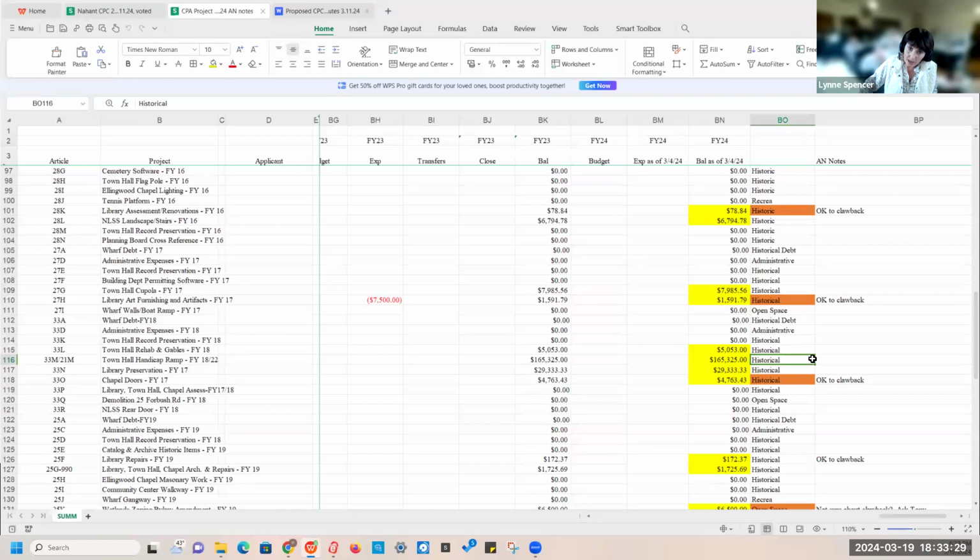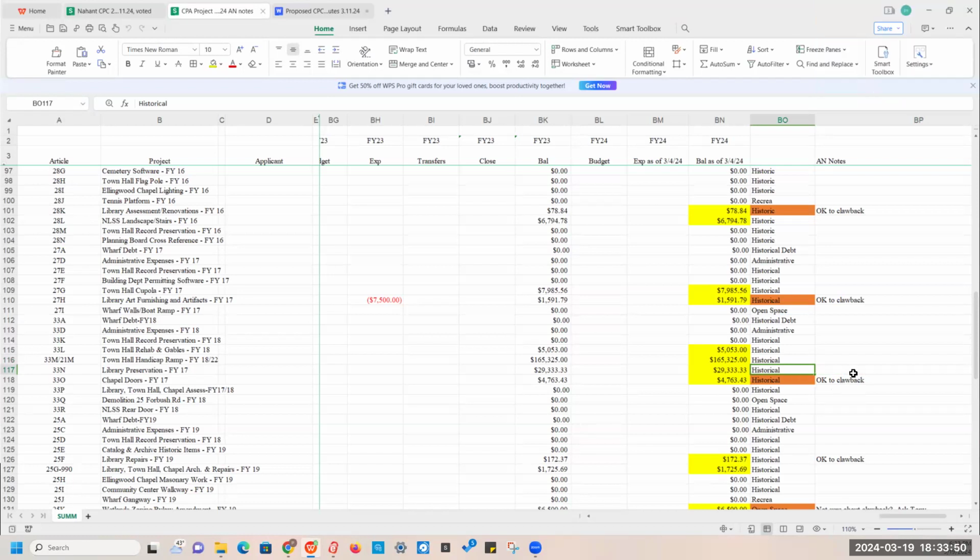Tony last time reported that he is making some progress on this, so we'll leave this intact. We still do have $29,000 in library preservation. So there is some money for the library to spend on capital work.